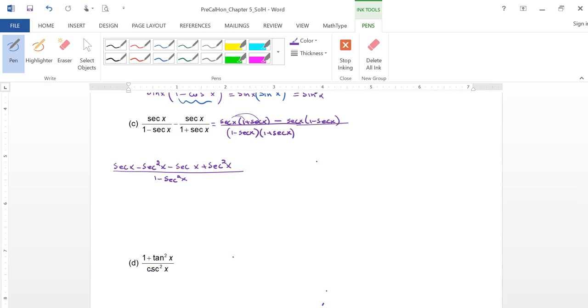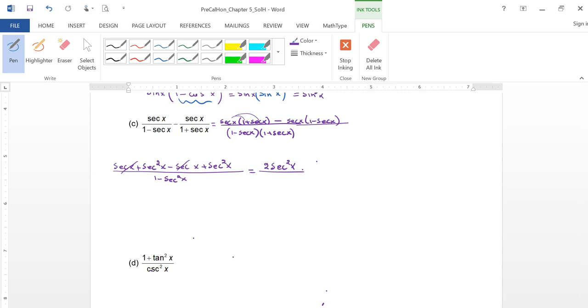Everybody, is everybody okay with the bottom here? I'm still on the problem. So the second term was a plus. The secants will go away. Here I have 2 secant squared x over. Now, what's 1 minus secant squared x? What's the identity?